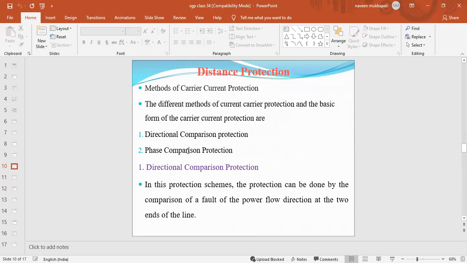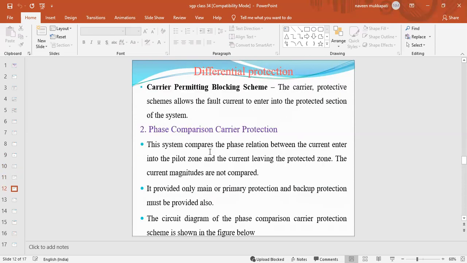The second type of protection is the phase comparison protection. In that, we are comparing the phases of the currents. This system compares the phase relationship between the current entering the protective zone and the current leaving the protective zone.